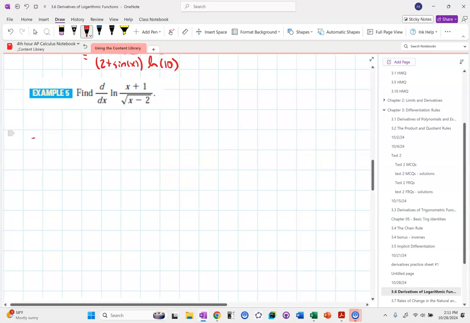All right. So let's start this off. The derivative of the outside is 1 over the inner times the derivative of the inner.